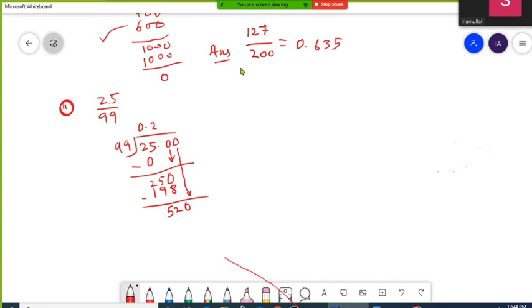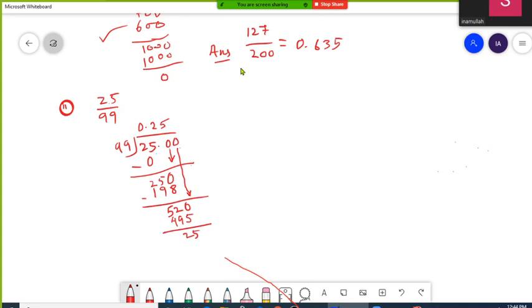So this will give you 520. And I can take 99 fives, which is 495. When you subtract, you will get 25 again.